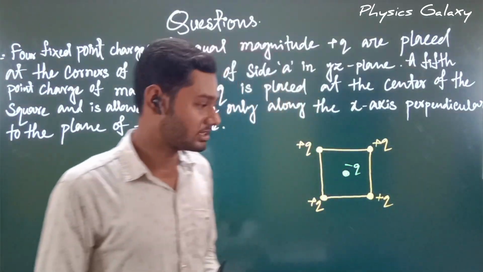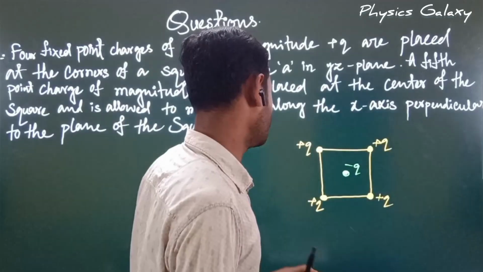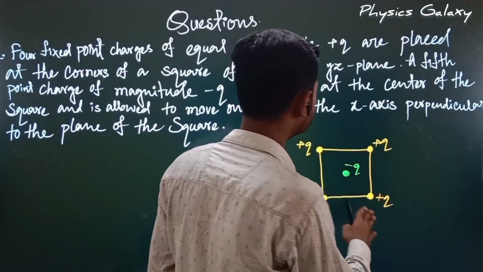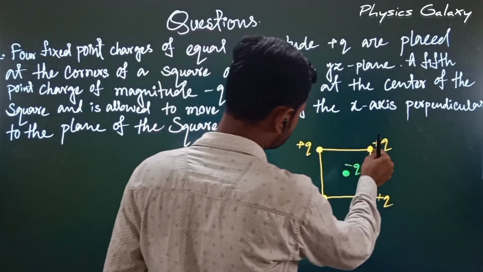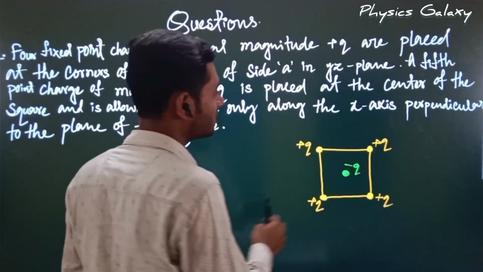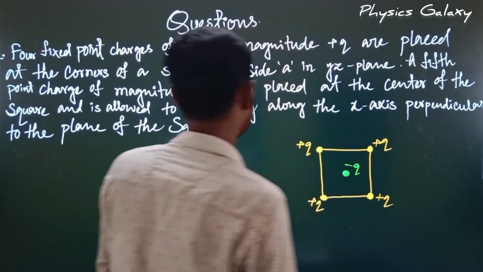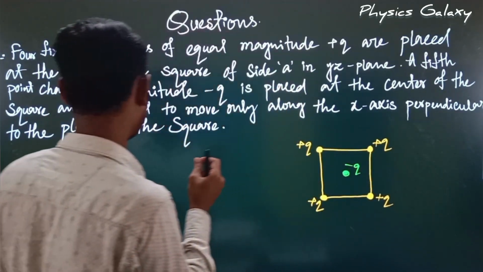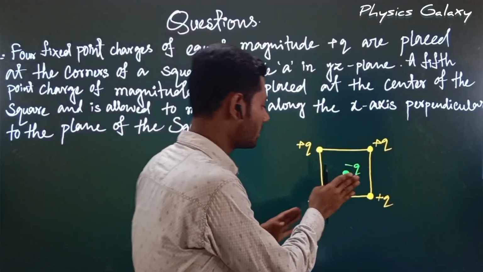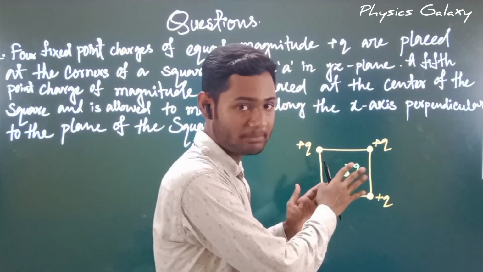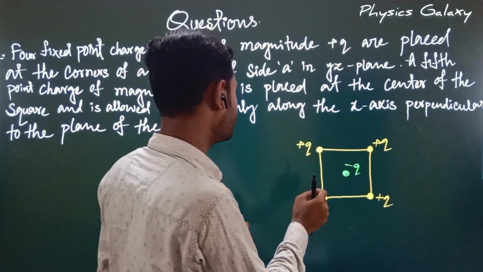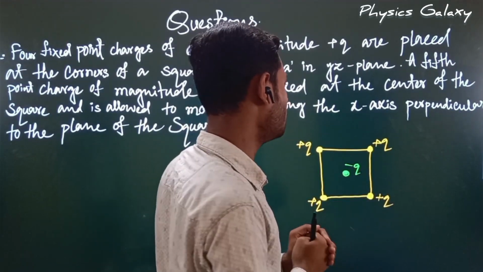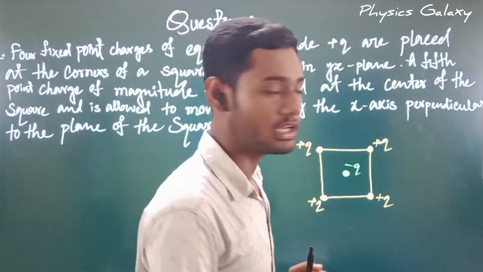So there are four plus q charges at the corners of this square, and a minus q charge can only move perpendicular to this plane, along what is called the x-axis.